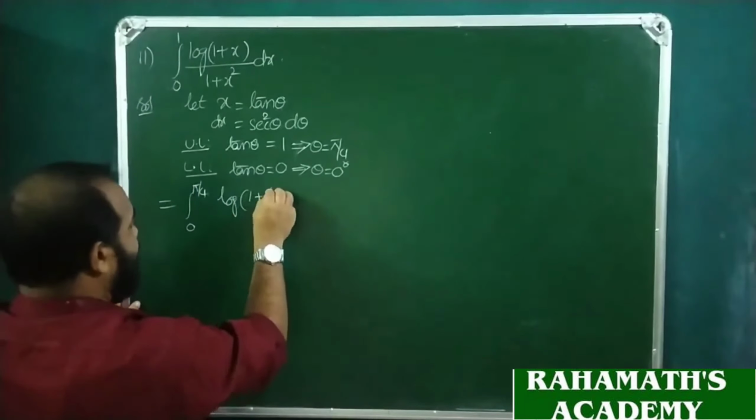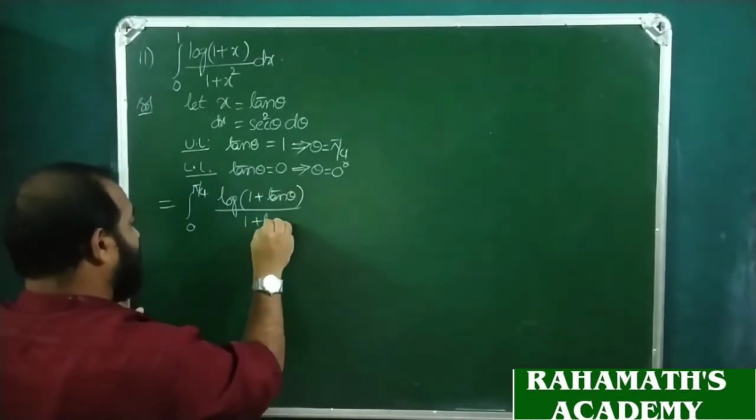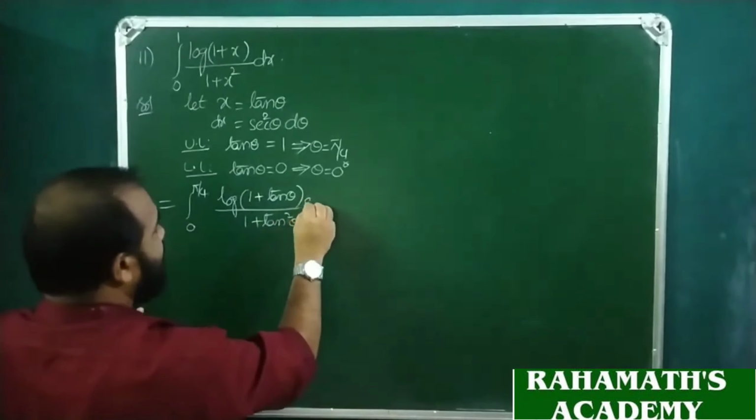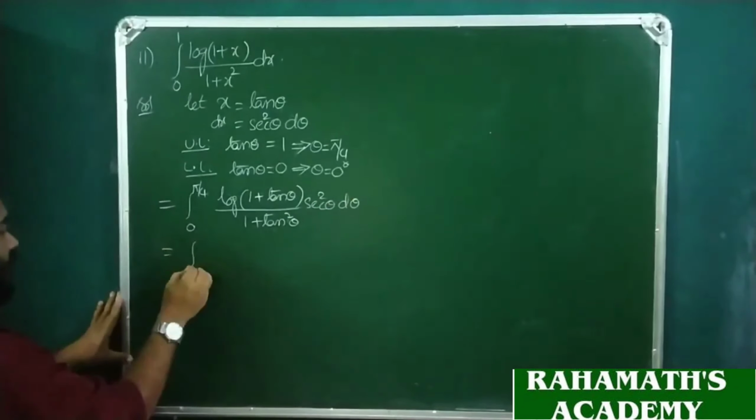Integral of log(1 plus tan theta) by (1 plus tan square theta), and dx is secant square theta d theta.